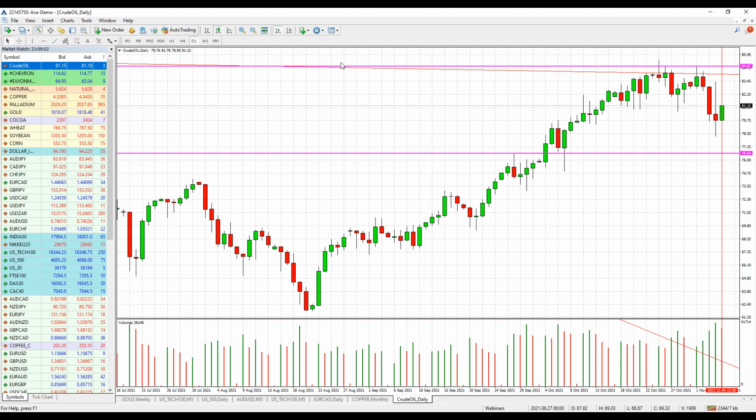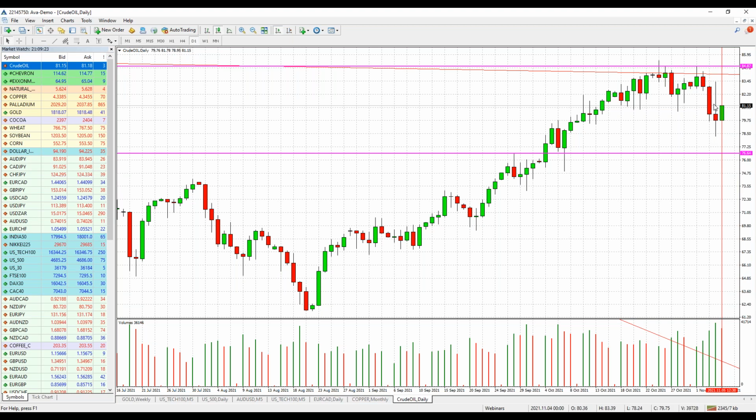Take a look. We had a double top around 84. The last highs were 84 and 86, and then we slid down to about 78.50. Then Friday, we had the first up day after 3 days of sell-off on oil.